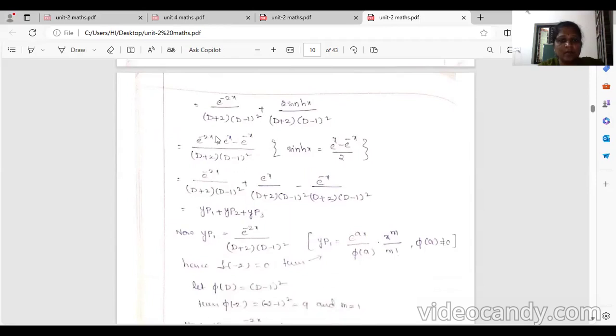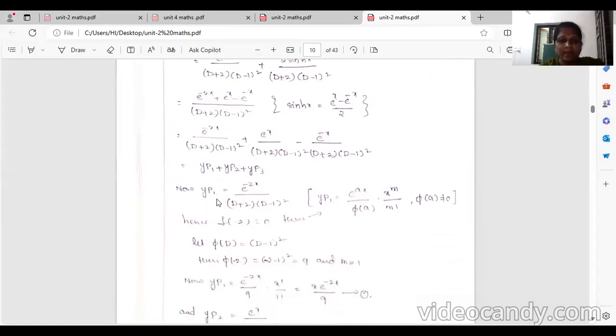Separating the fractions: e^(-2x)/f(D) plus e^x/f(D) minus e^(-x)/f(D). It can be written as yp1 equal to the first fraction, yp2 the second fraction, yp3 the third fraction. So now calculate the first fraction, the particular integral yp1.